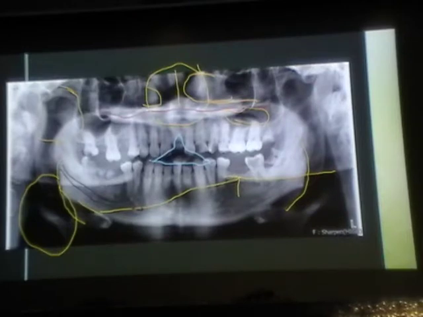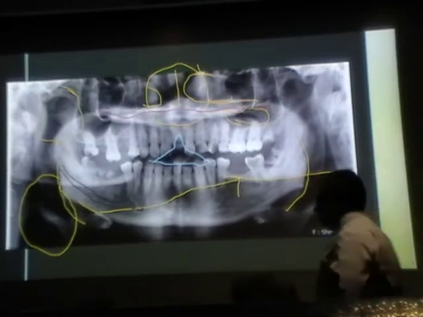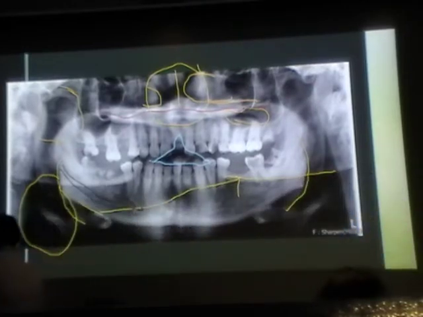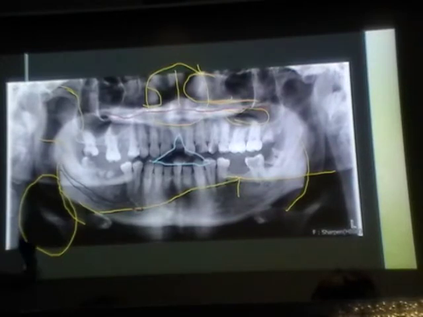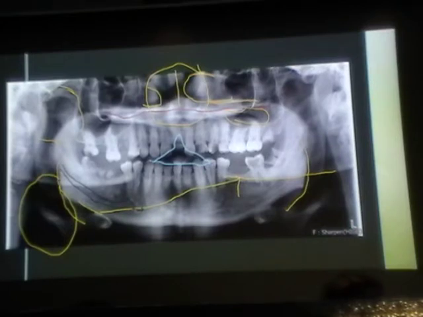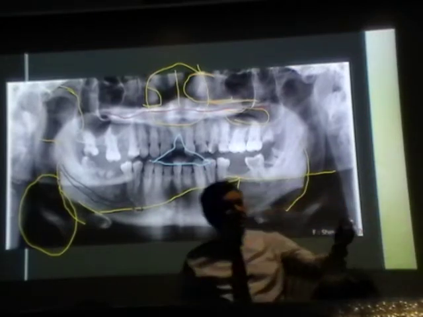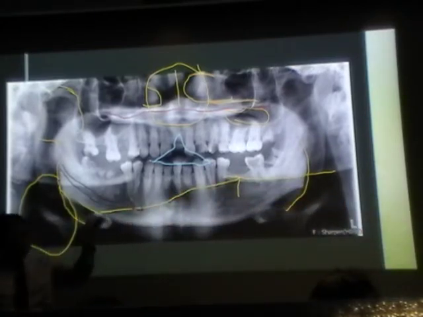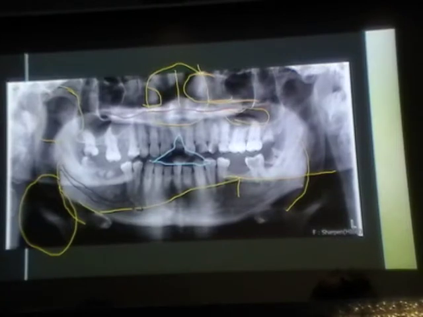Fissure, in this case, yes. Okay. What's your name? Okay, Ashna. What are the structures that are coming out of the pterygomaxillary fissure? Which I'm not going to ask in the exam, but I'm just curious. Over here.